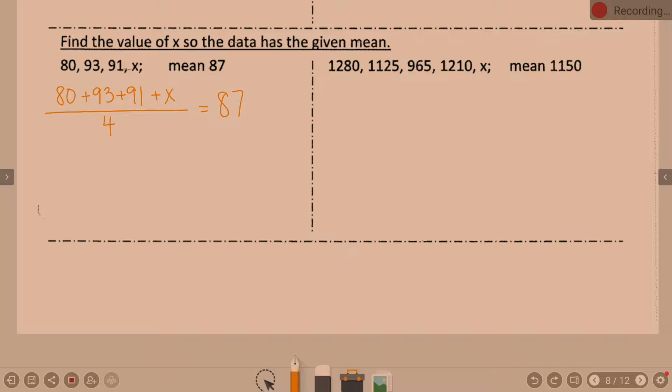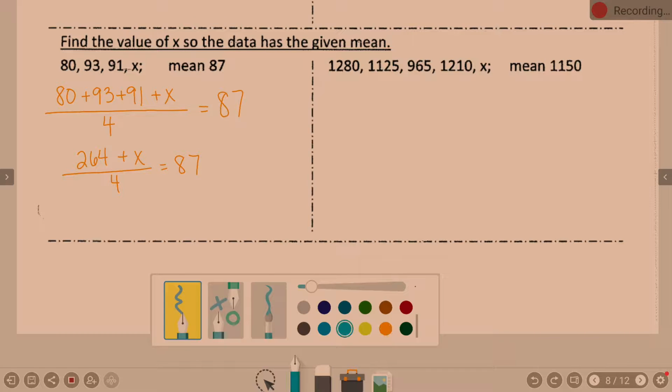So I would go ahead and, did you already add those 3 numbers on top? 264. Okay, so that means on top I'm going to have 264 plus x divided by 4 equals 87. How do I get rid of the denominator of a fraction? Yeah, if it's dividing by 4, we're going to multiply by 4.